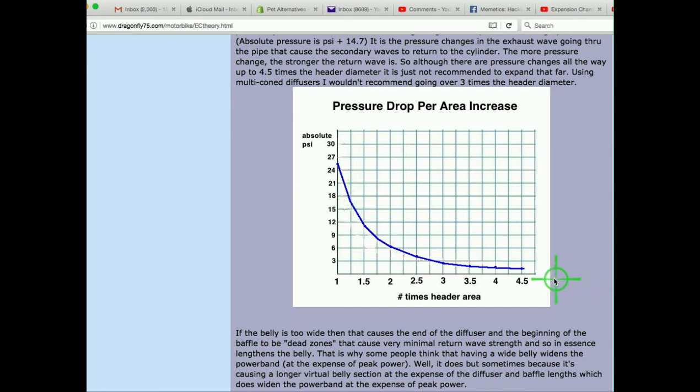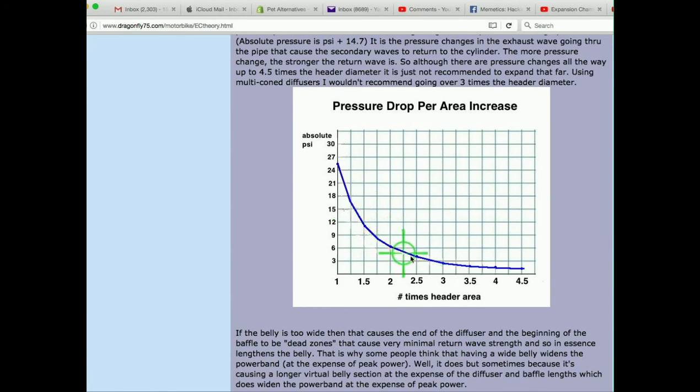You don't use it up until all the way out here. Well, not even there. It may take 7 times the header area to finally get to 1, which is to say it's the same pressure as no pressure, to use up all the pressure change. But the rate of change is very important to us.